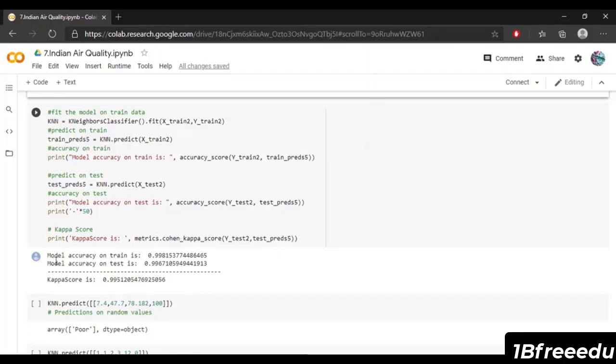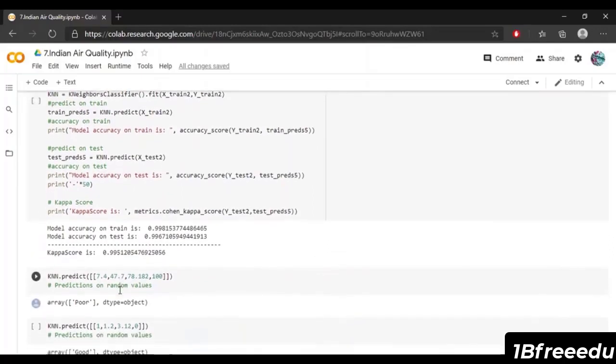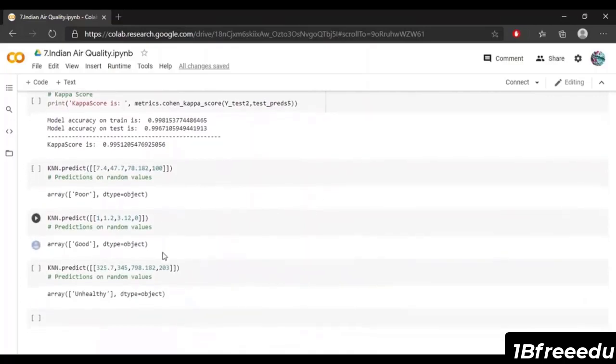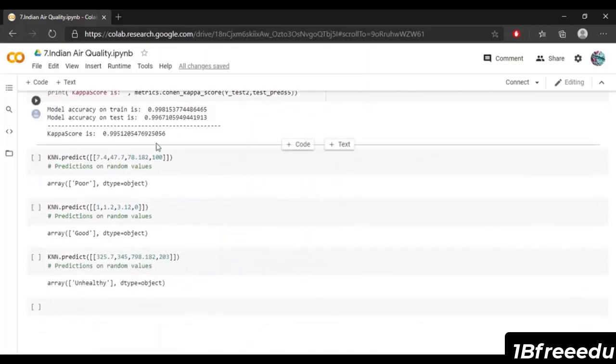Over here you can see that the model accuracy on train is 99, model accuracy on test is again 99, and kappa score over here is 99%. What we have done over here is that we have used this k nearest neighbors to predict on these values, and these predictions are correct. After cross-checking, we can say that the k nearest neighbors performed well.